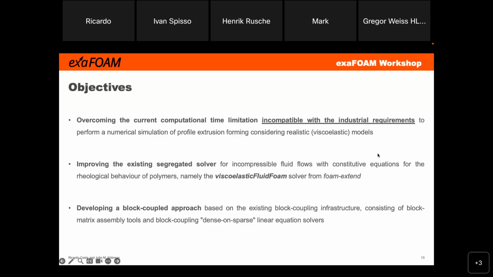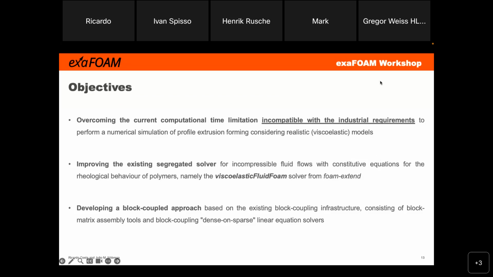We want to make it possible to use viscoelastic models. And obviously, currently it's possible, but it's not feasible. It's not compatible with the requirements of the industry, especially in terms of time to solution, because it takes a lot of time, and that's what we want to decrease.